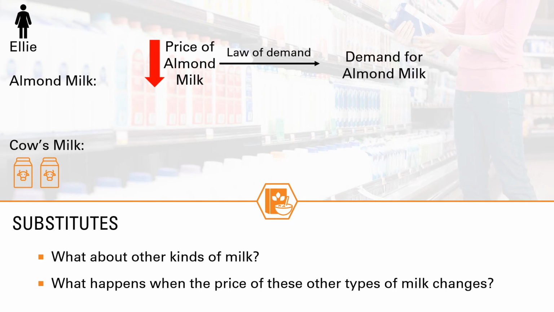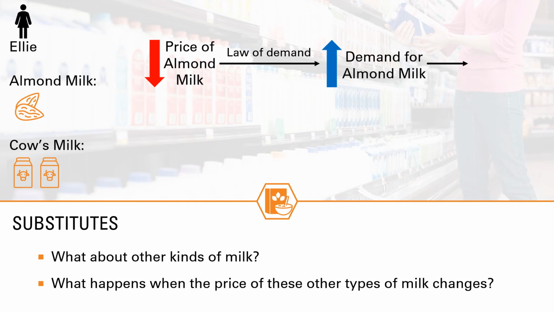Remember, law of demand, if we decrease the price, we increase the demand. There's an inverse relationship, right? And remember, now she buys almond milk, right? Because it's cheaper, so she can probably afford it more, so demand will increase.